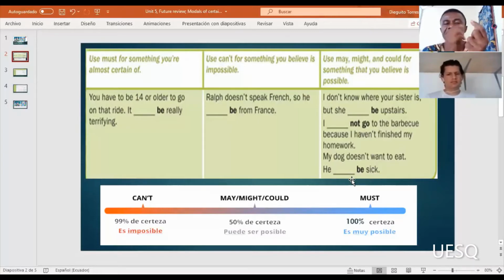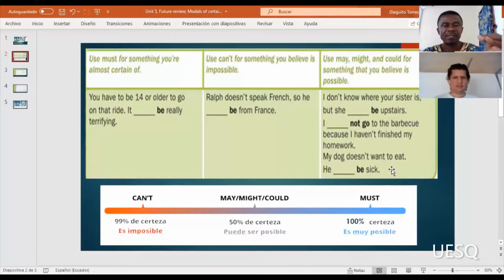Okay, but because he doesn't want to eat, we are using must for a strong possibility of why he is not eating. So in the third column, we looked at may, might, and must.